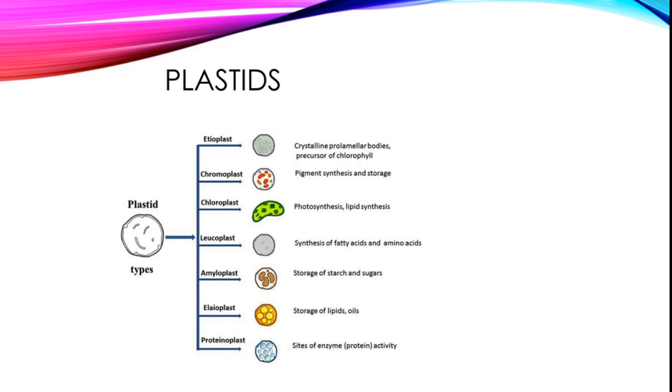Synthesis of fatty acids and amino acids occurs here. These are present in roots and are mainly colorless. Amyloplast: the main function of amyloplast is storage of starch and sugar. For example, it can be present in stem, roots or flowers, which is very important.